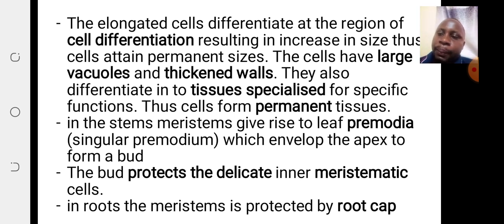At the tip of the stem, we have said we have leaf primordia. If it's one, it's a leaf primordium, which forms a bud. The main function of this is to protect the bud, to protect the delicate meristematic cells. At the root, we have said the meristems are protected by the root cap.